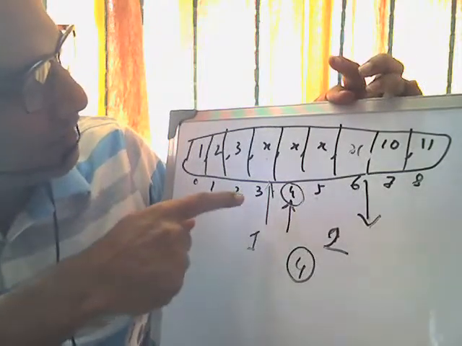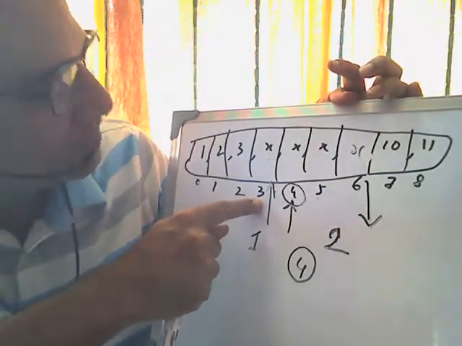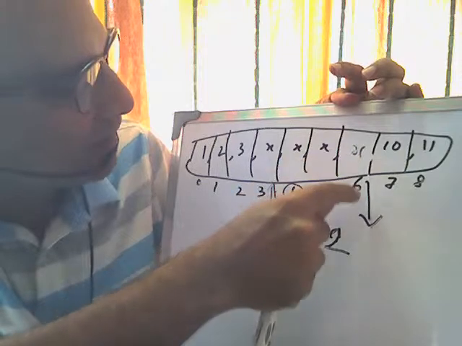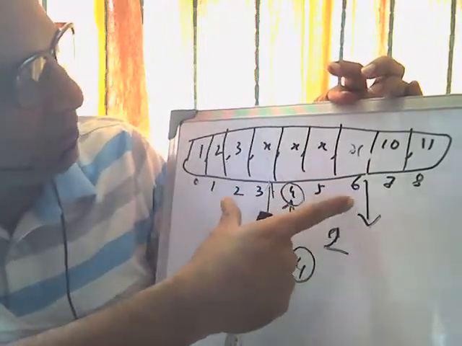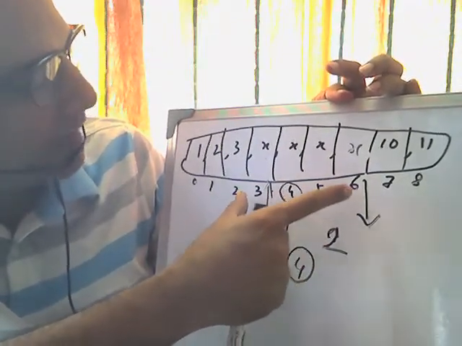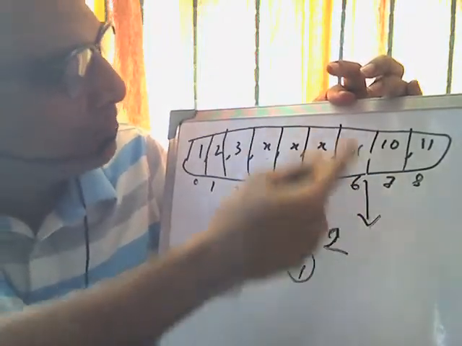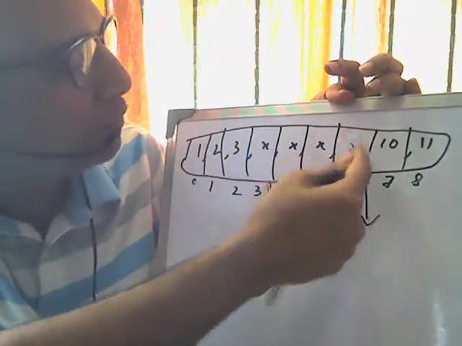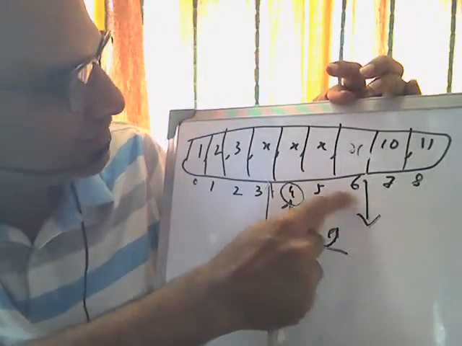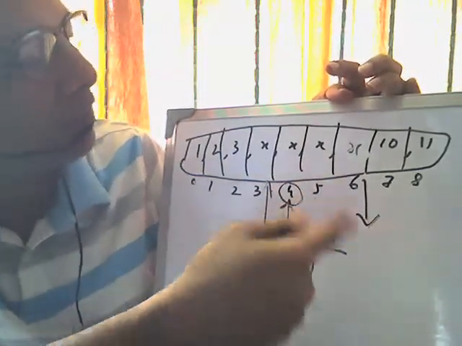That means the index 3 is the first occurrence index, and this is the last index 6. Then last occurrence minus first occurrence plus 1 will give you the exact count of duplicated element x, that is 6 minus 3 plus 1, that is 4, will give you the result.